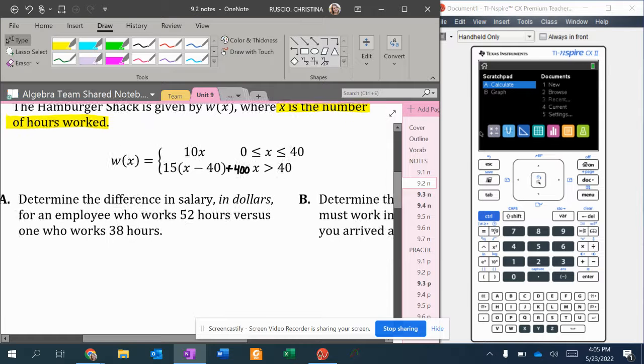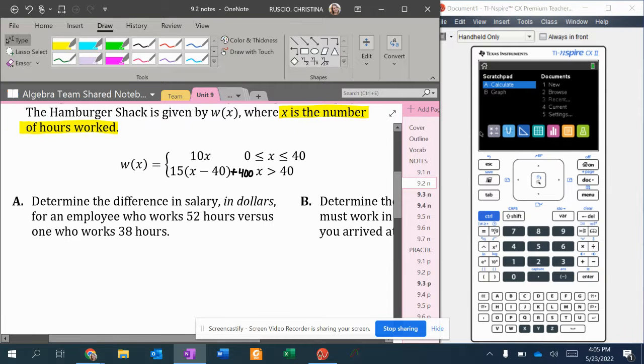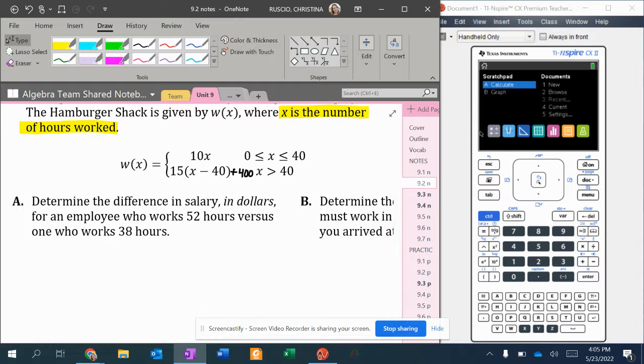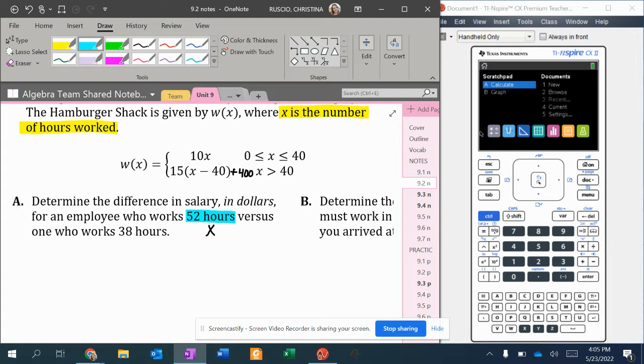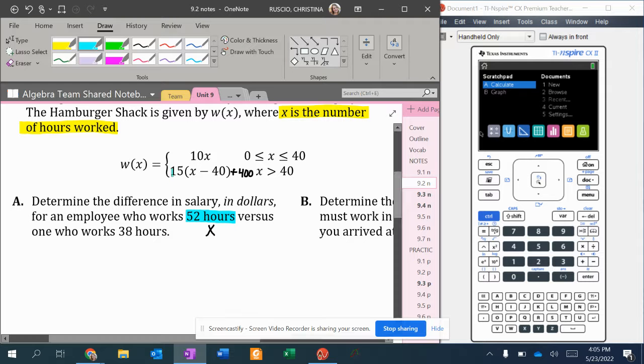Okay? So part A says determine the difference in salary in dollars. So we put in hours, we get out dollars if we're thinking about a function. Who works 52 hours. Okay, hang on a second. So if they work 52 hours, that's our X value, right? Our hours is our X. So if our hours is our X value and we're looking for 52, I think we're going to have to use this piece, right?